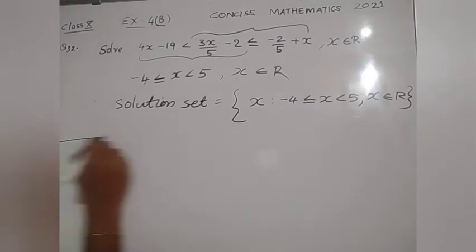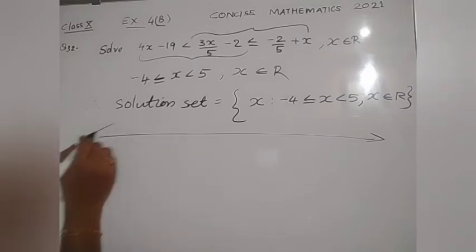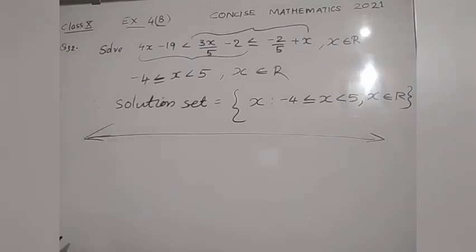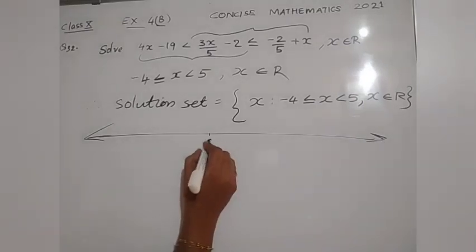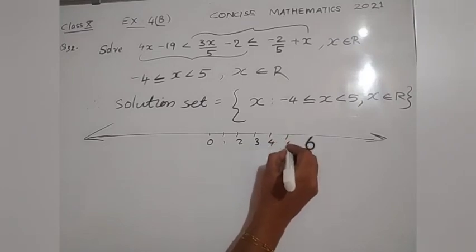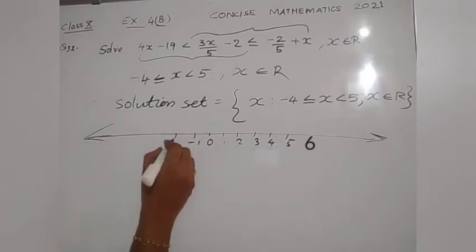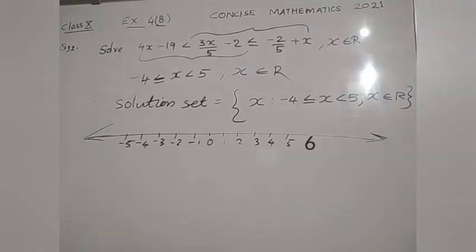Now let us plot the graph. Solution set on number line. Draw the number line and mark 0, 1, 2, 3, 4, 5, 6, etc. on one side and minus 1, minus 2, minus 3, minus 4, minus 5 on other side.